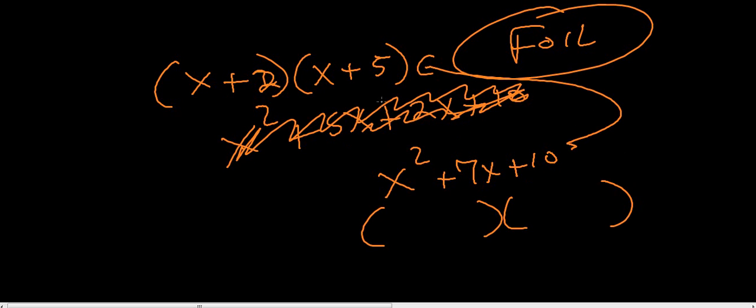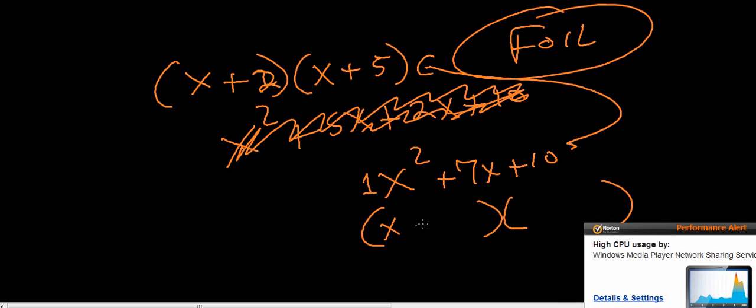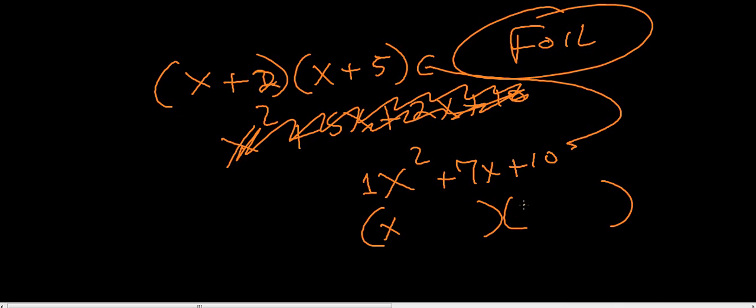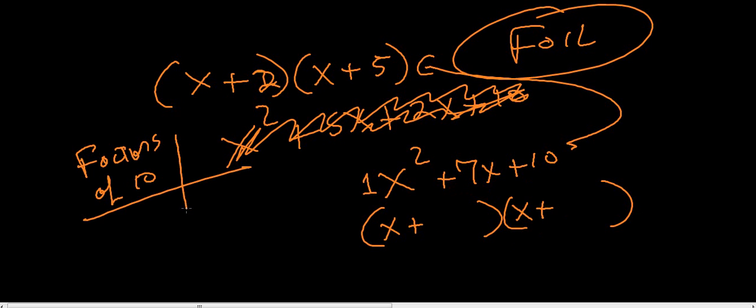And let's pretend like we don't even know about that still. Since your coefficient is 1, you're going to put an x here and an x here. Everything's positive, so let's put our positive signs. Now what we want are factors of 10 that add to 7.